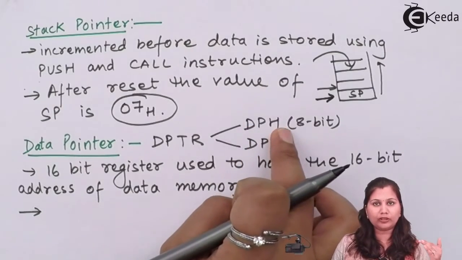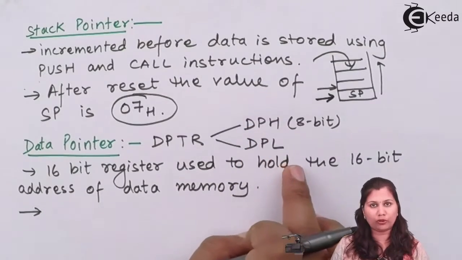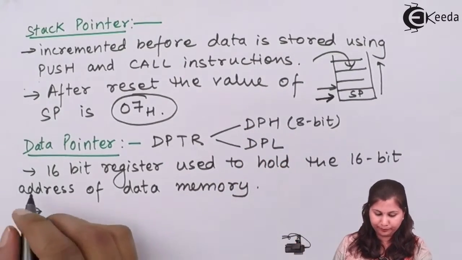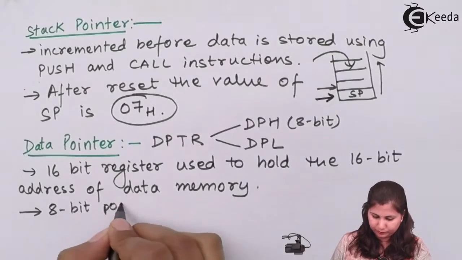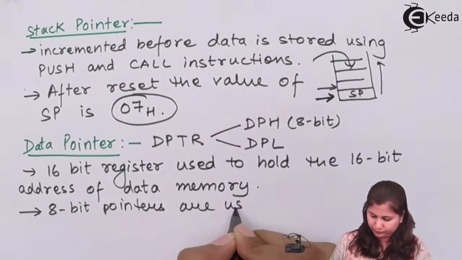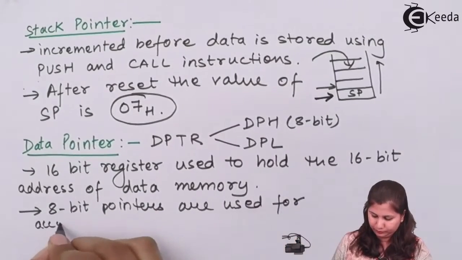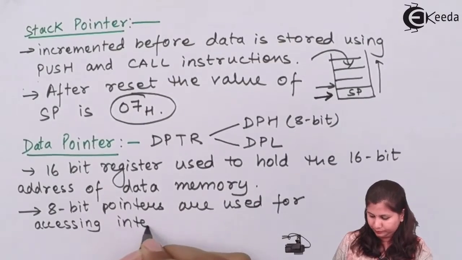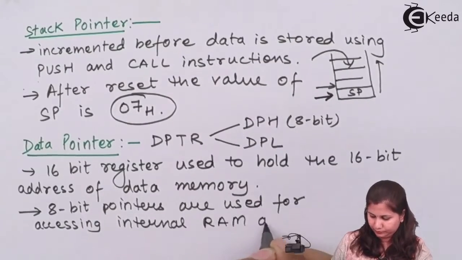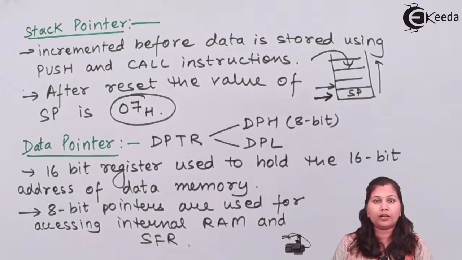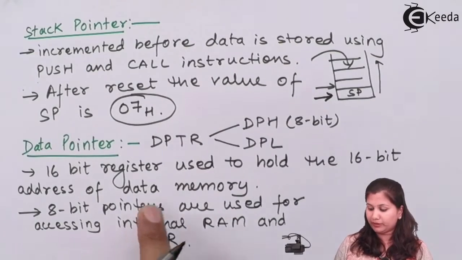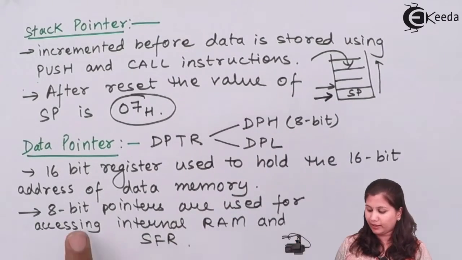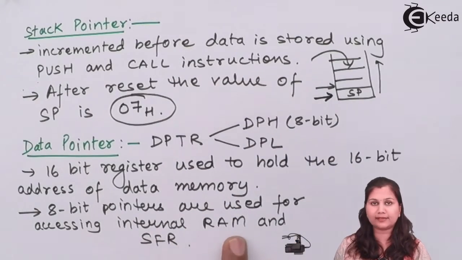DPH means higher order data pointer and DPL is lower order data pointer. Now these 8-bit pointers, DPH and DPL, are used for accessing the internal RAM and the SFR. SFR means the special function registers.